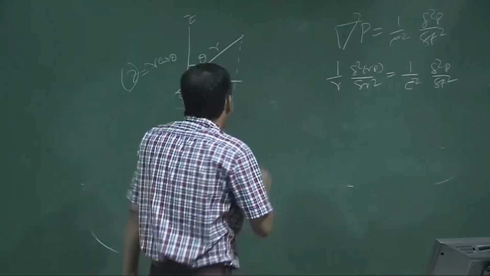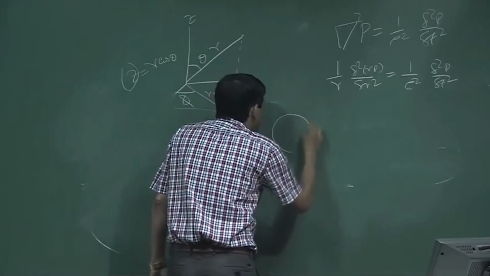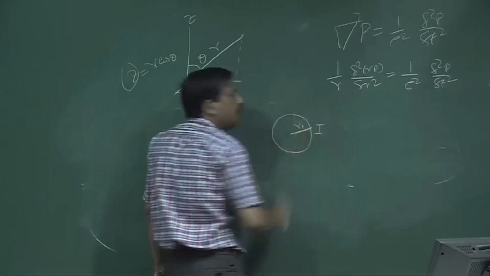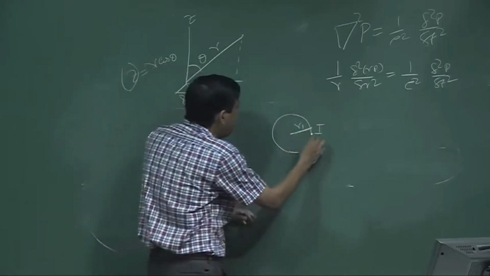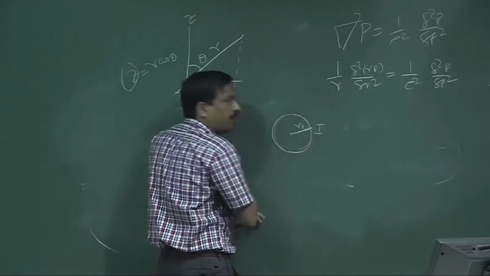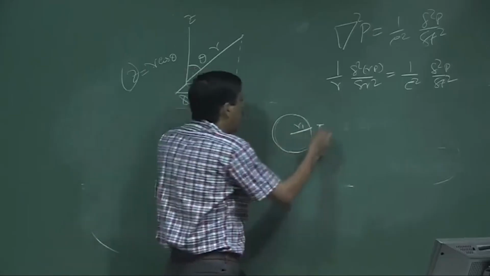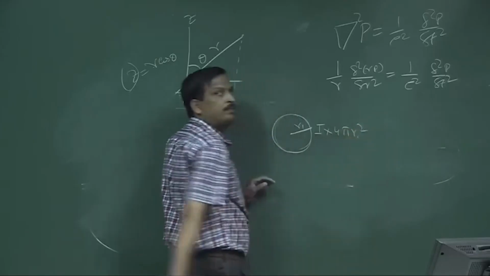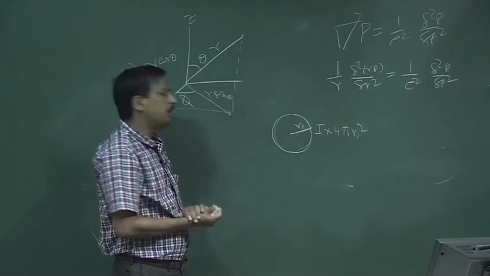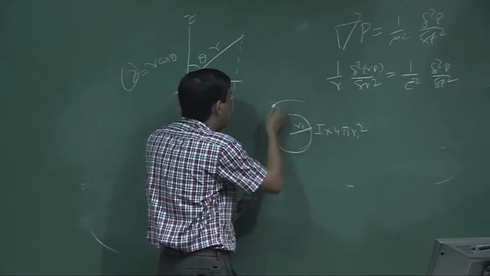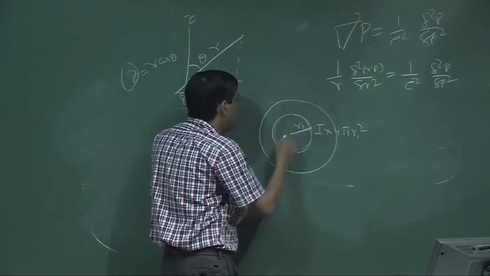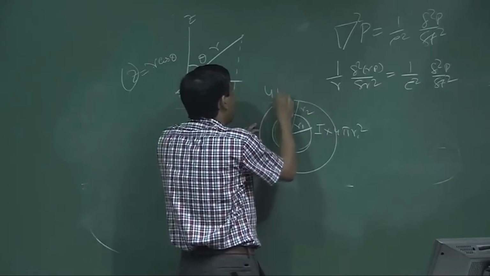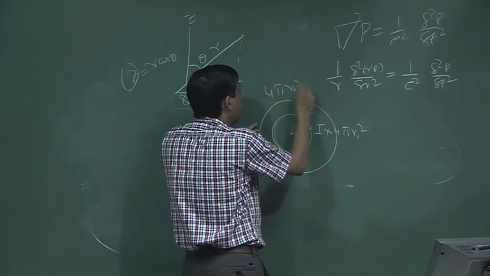Let us take a small sphere with a radius, let us say r1, and the intensity of the wave is I. So, the energy at the surface of the sphere, if in all directions I will be the same, is I multiplied by 4 pi r1 square. Okay. Similarly, if I take another sphere at this distance whose radius is r2, the energy in here is 4 pi r2 square into I.